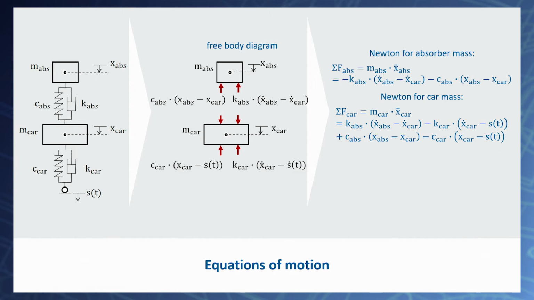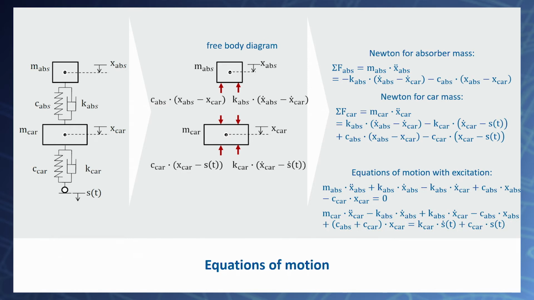These are not the only forces that are acting on the car mass, but we also have the forces coming from the excitation from the road. So it's the force that represents the spring force and a force that represents the damper force. And obviously these two forces are counteracting the positive direction of the coordinate x car. That's why we have a negative sign in front of both these forces. So that explains the forces. This explains the Newton for absorber mass and Newton for car mass.